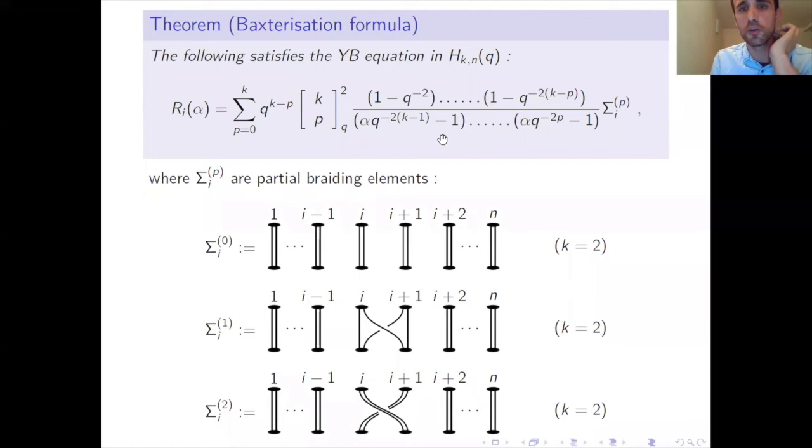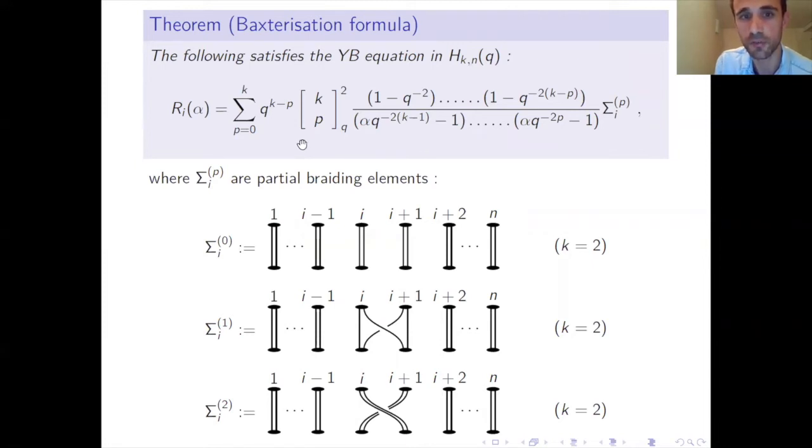So the more you look at them, the more beautiful they appear. You can see that first it's a very uniform formula. For every k, it's the same formula, more or less. If k is 1, you recover the simple formula that I showed on the first slide of the Hecke algebra. And the coefficients are very well organized, very nice expressions. They are completely made out of classical Q numbers.